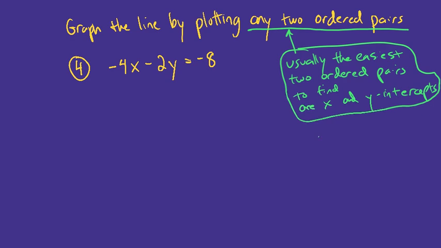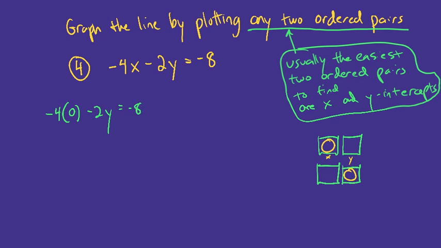But we'll go ahead and do that. On this one, we'll say two ordered pairs, and we'll let x be 0 on one and y be 0 on the other. So -4, and instead of x, we've got 0. And on the other one, we'll let y be 0.